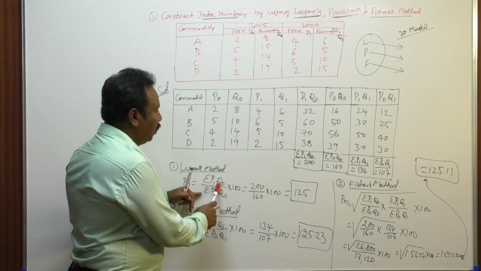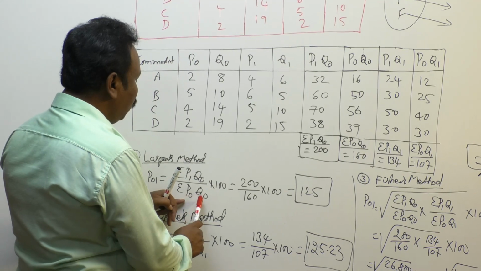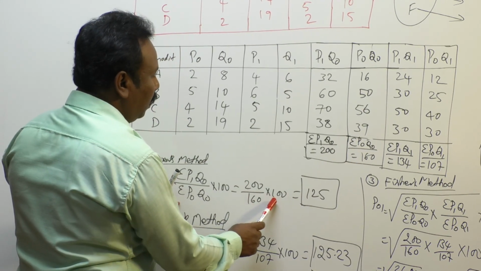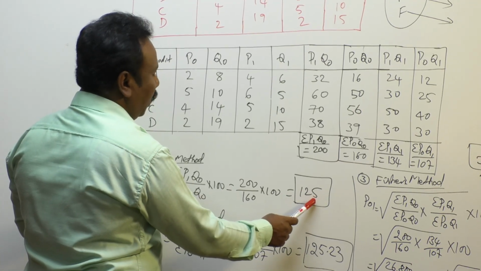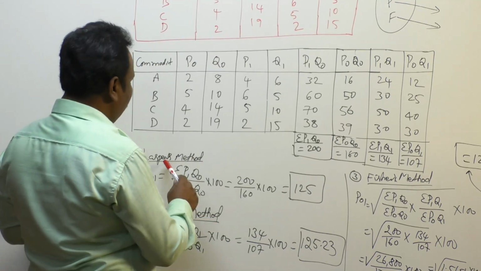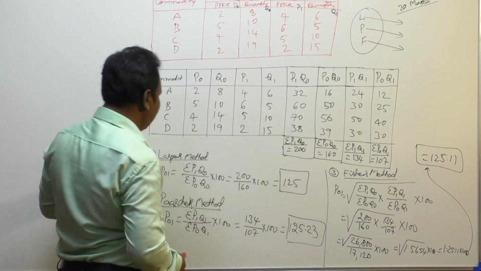So 200 divided by 160 into 100 is 125. Under Laspeyres' index method, the price index value increases by 125.